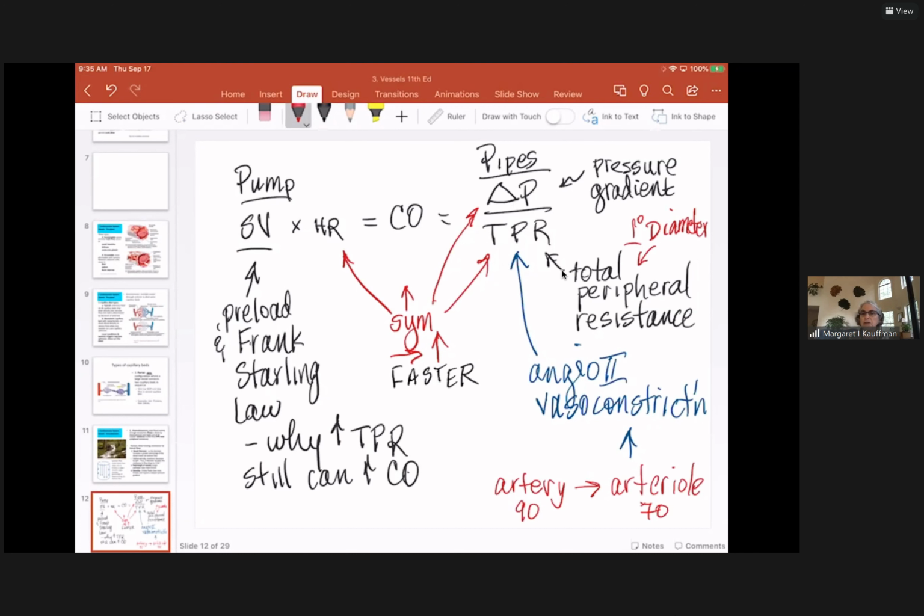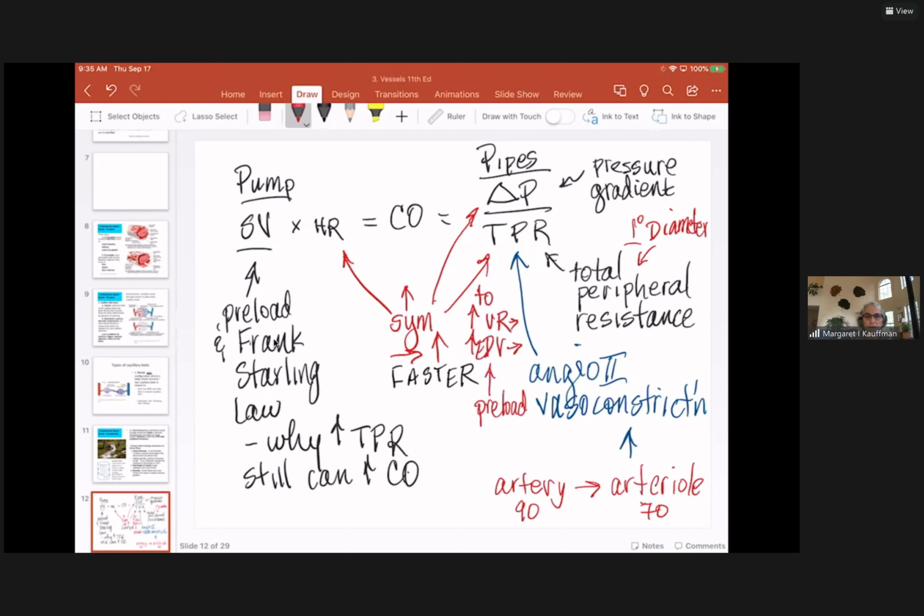Because what are we doing when we increase this total peripheral resistance? When we do this, this is in order to increase venous return, which leads to an increase in end diastolic volume, which leads to an increase in preload.